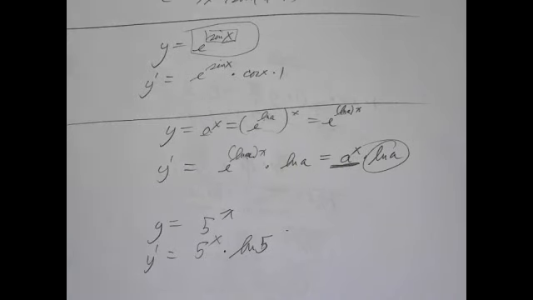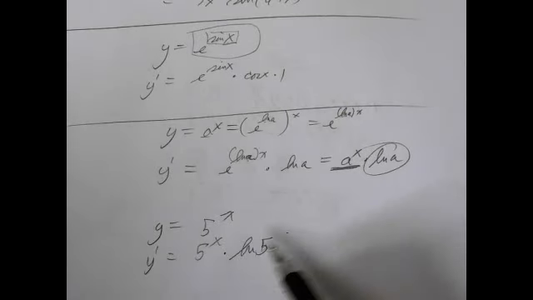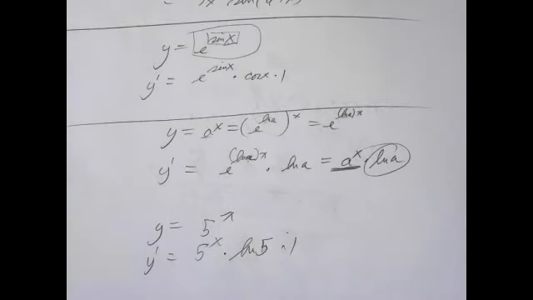So it's just 5 to the x times natural log of 5 once you take that derivative. So again, the chain rule is always in use. If I was to go on further and use it here, I would say, well, the derivative of x is 1. And again, you're probably thinking, well, the derivative of x is always going to be 1. Why do you write down that 1? Well, time will show. You'll be able to see in time why I do it that way.